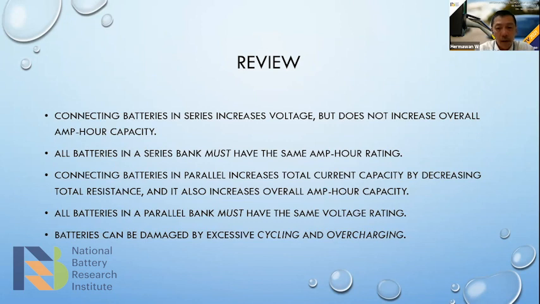It is wise, if you want to make a pack with a very high current, to select the connections between cells with very low resistance. For the banks, we can still do parallel, but with the same voltage rating.